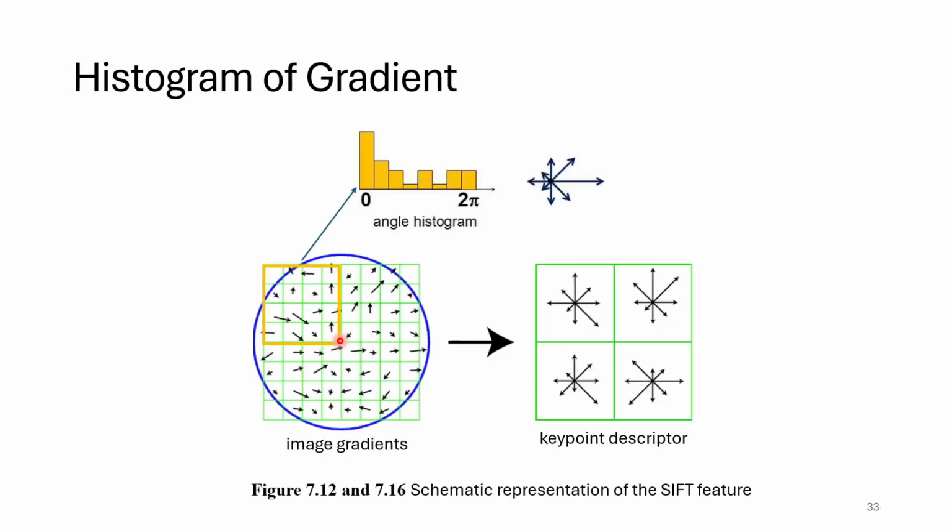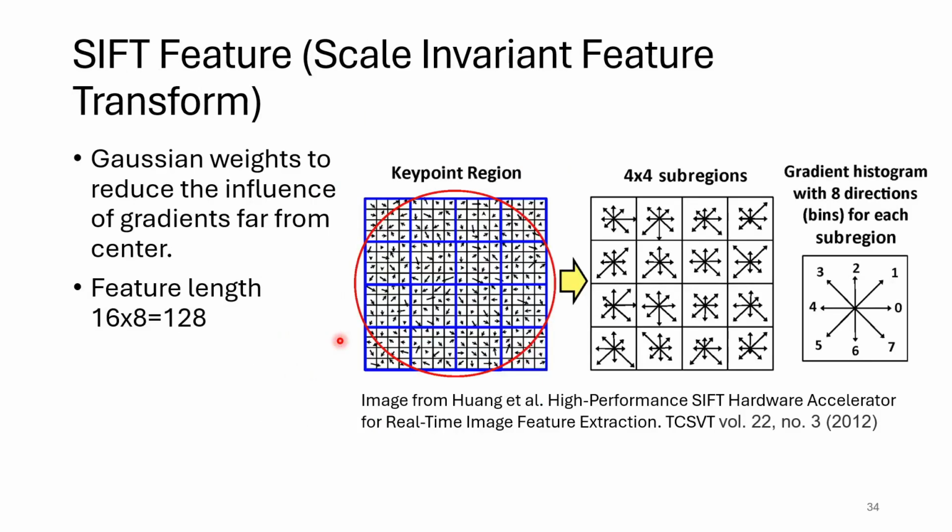Okay, so this is an illustration. And Lowe is the last name of this method's inventor. He is a professor at a university in Canada. Sorry, I forgot the name of the university. Okay, in Lowe's method, it uses a patch size of 16 by 16.